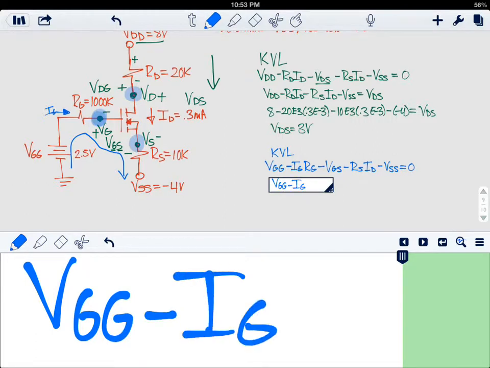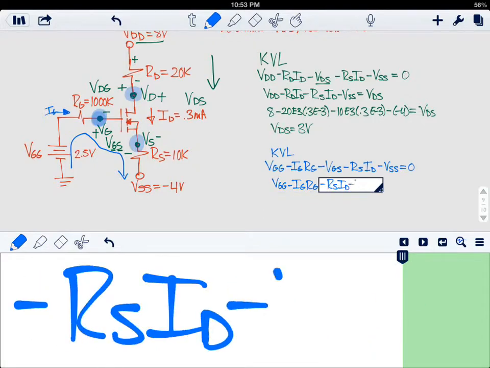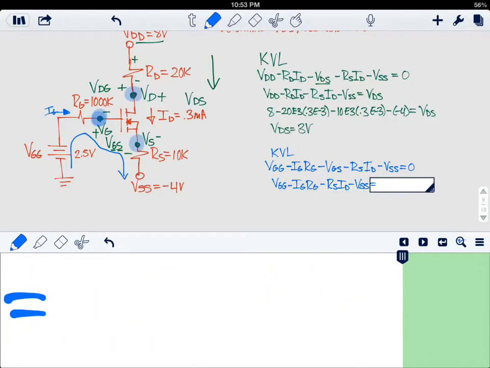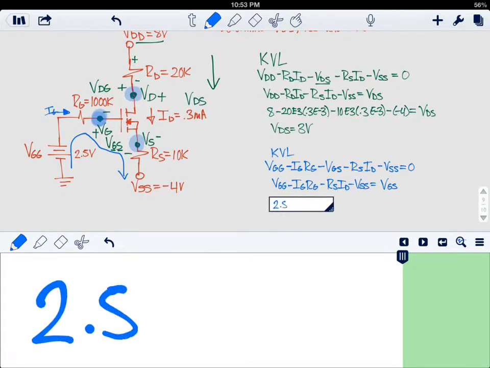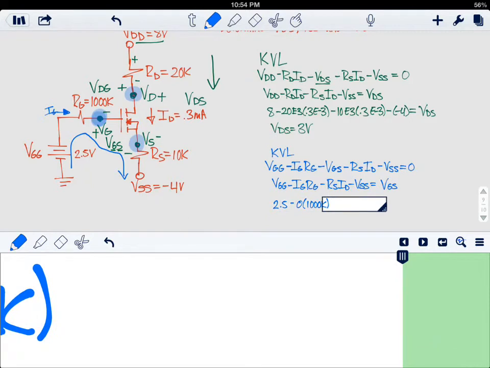We solve for VGS, and we start substituting. We know VGG is 2.5. We know the current IG is 0 times 1,000 K, which is 1 mega. That will be 0.